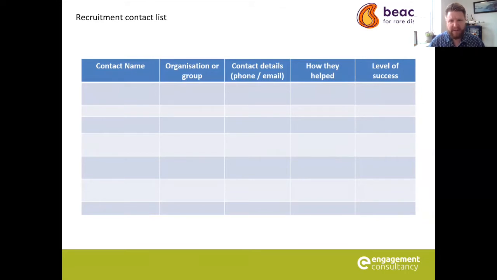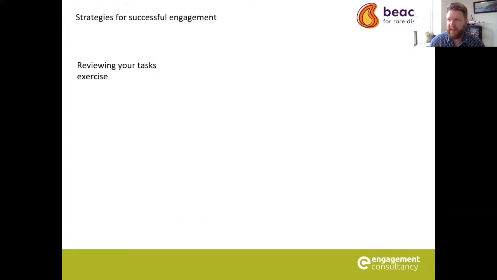Having a contact list of all the organisations that you've spoken to, or whoever you got in contact with, or where you've advertised, it's really helpful to keep this up to date so that you know what works, what doesn't work. And actually, if something doesn't work out once, it doesn't mean that it's not going to work out again in the future. So having a black book of organisations that you got in touch with and contacted is really helpful best practice.